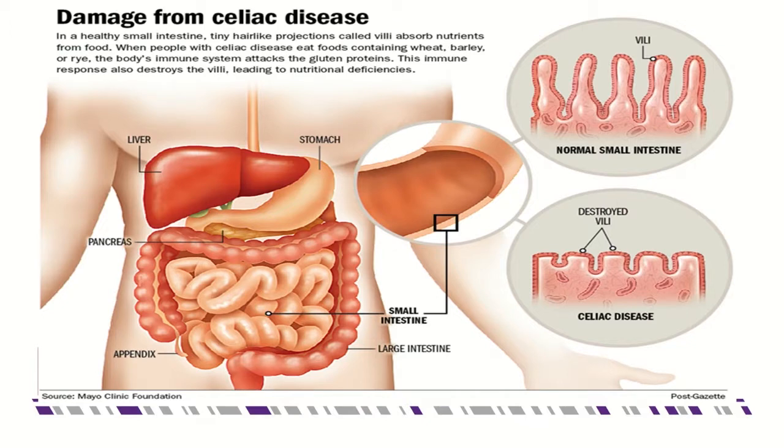So right here in this picture, it shows some of the damage that's happening in the small intestine. When a person with celiac disease eats gluten-containing foods, their immune response is to destroy the tiny hair-like structures called villi in the small intestine. Most nutrients are absorbed in our small intestine, and damage interferes with absorption of nutrients and increases the risk for diseases like bone disease, anemia, and intestinal cancer.